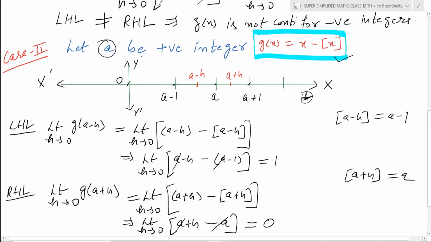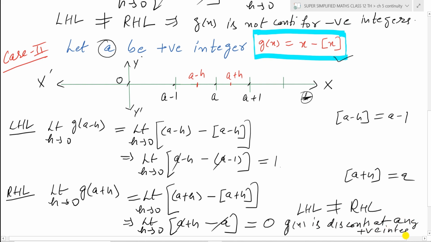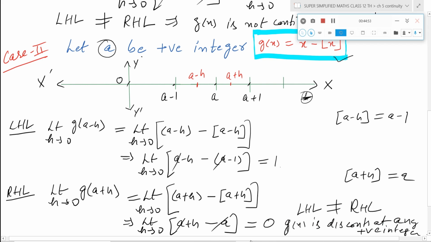So now I can see that the value of left hand limit is 1 and the value of right hand limit is 0, and hence I can observe that left hand limit is not equal to right hand limit, and hence the function g(x) is not continuous at any positive integer also. So we have seen that g(x) is neither continuous at positive integer nor at the negative integer.